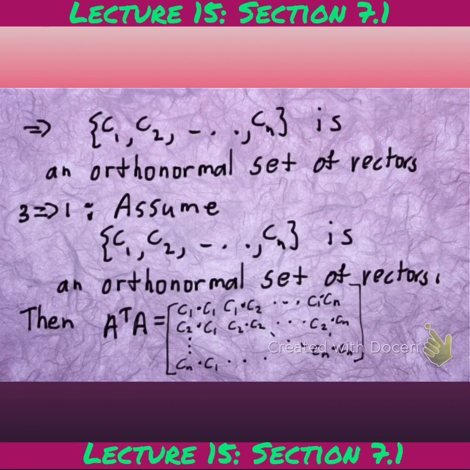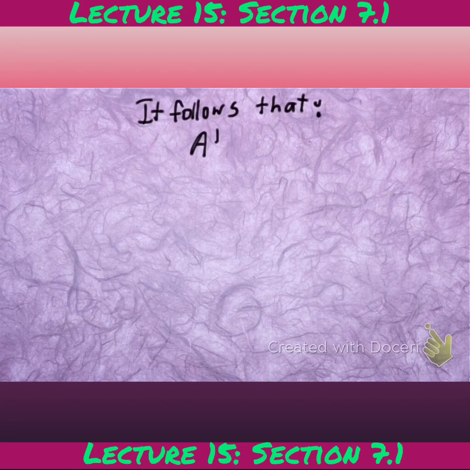So basically, that's going to be 1, 1, 1, and all the others are going to be 0. Okay, so clearly that's going to be the identity matrix. And so it follows that A's transpose A is the identity matrix, which is going to imply that A's transpose is going to be A's inverse. Okay, by that theorem from I think it's chapter 2.